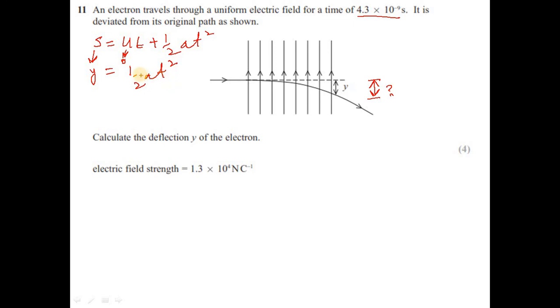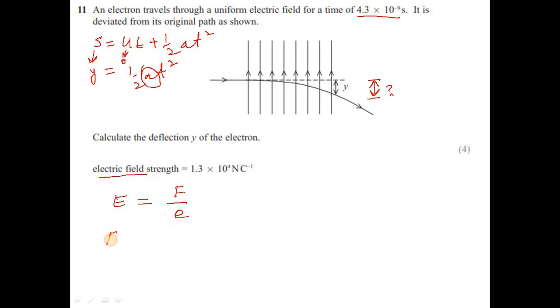I have time, but I don't have acceleration. That's what I need to find. Once I am able to find the acceleration, I can figure out the value of y. For the acceleration, I'm going to use the concept of electric field. Electric field E is force per unit charge, and in this case the charge is an electron, so E = F/e.